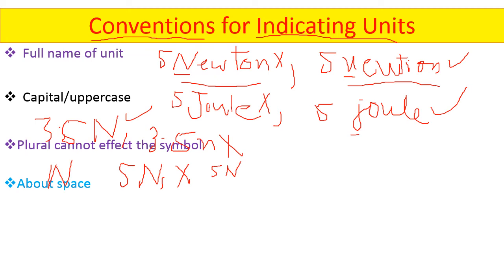If we write a unit like this, 345N, and 345 N, that will be correct.